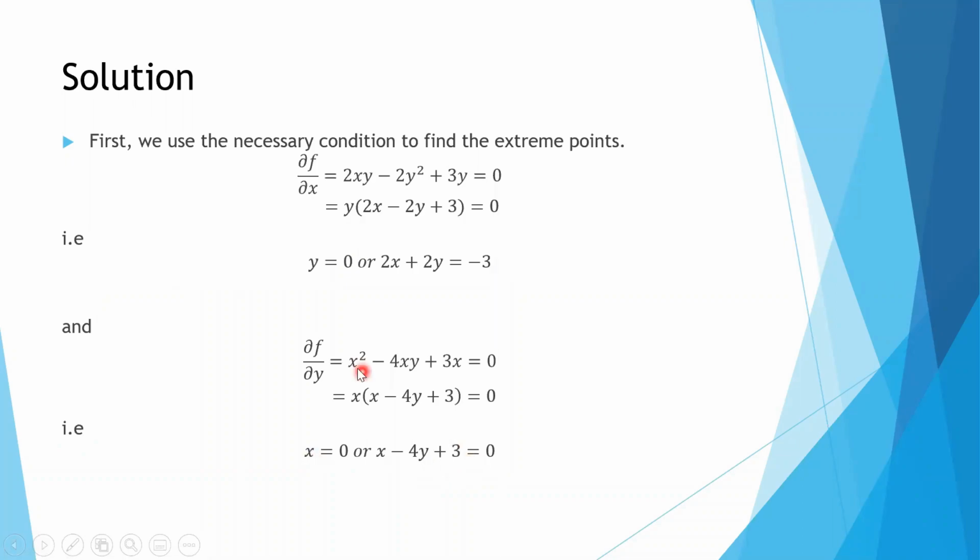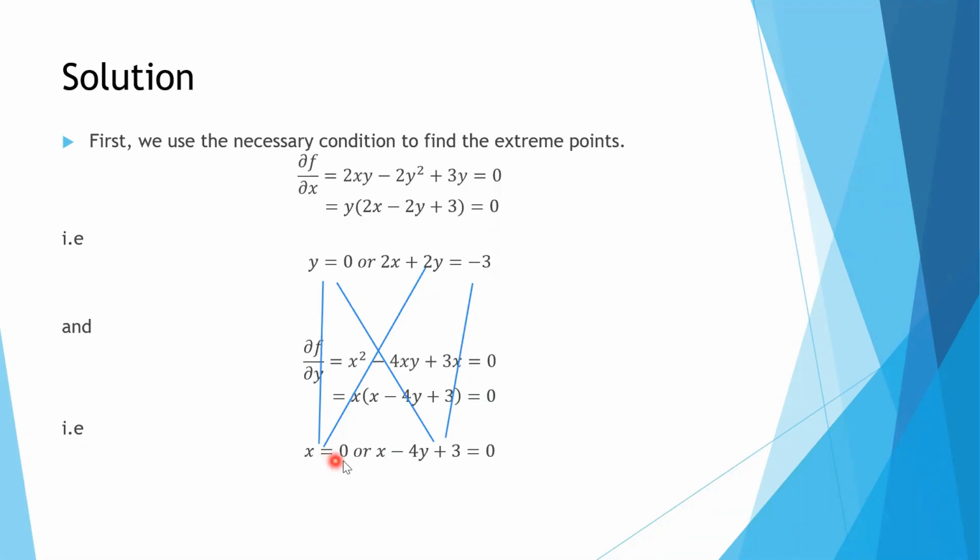Now to find critical points, I'm going to take one term with respect to the other. I'll take this term along with this term, and this term along with this term. Okay, so taking such 4 combinations, we will be able to find the extreme points.